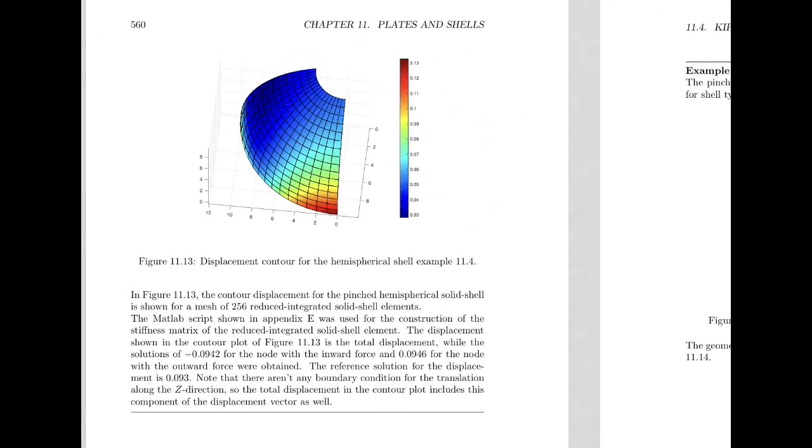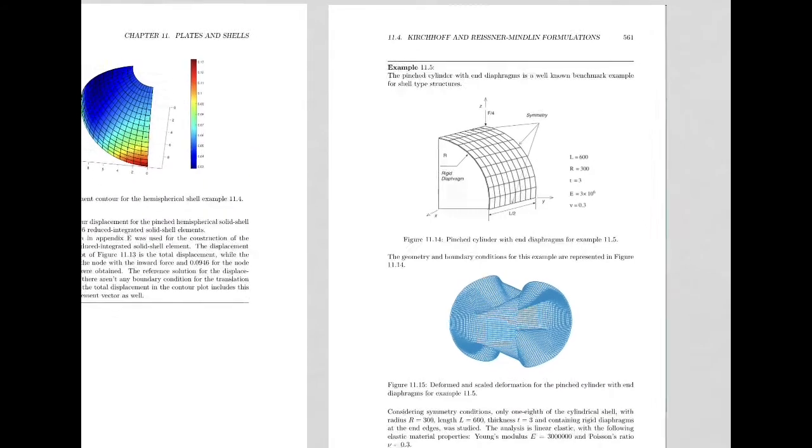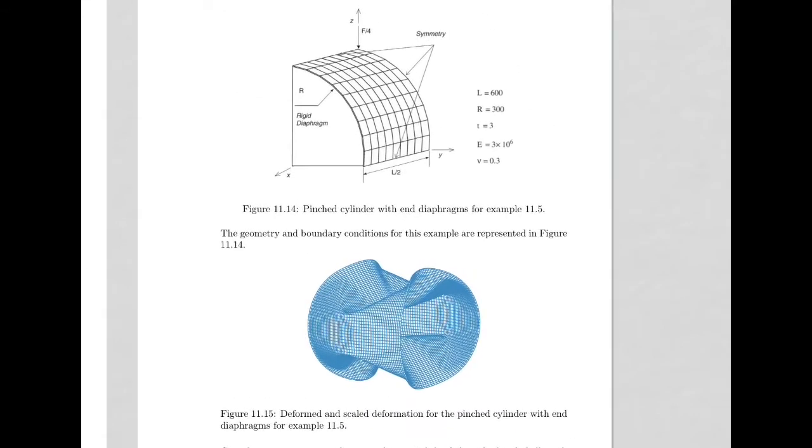Also in the book, in the chapter for plates and shells, you have the MATLAB routines to build the shell elements, and if you want to implement that in your MATLAB code, you can get results similar to these ones. For example, this one with a cylindrical shell with a concentrated force, so you get the deformed configuration, something like this.